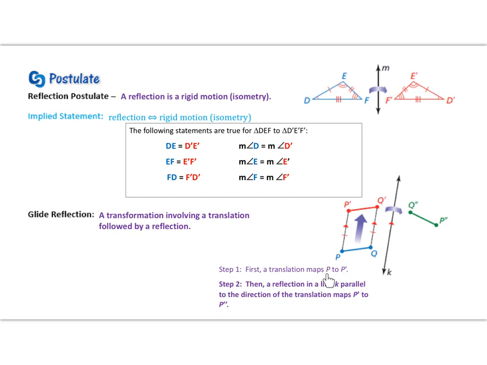So translation happens first, and then a reflection in a line K parallel to the direction of the translation. So this line represents the parallel to the direction, in other words, your vector, and you would then reflect across this line. So this is the result of a glide reflection. Glide is your translate, and then reflect.